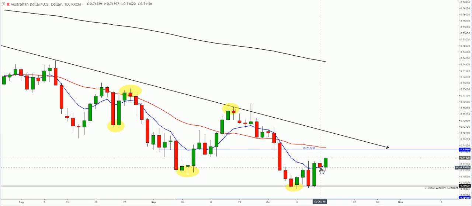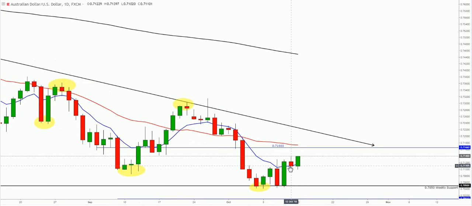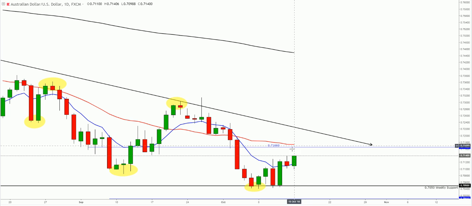However, we were just caught on the exponential moving average here as support, and price seems to be responding to that very well.